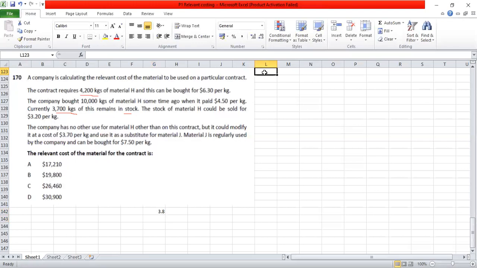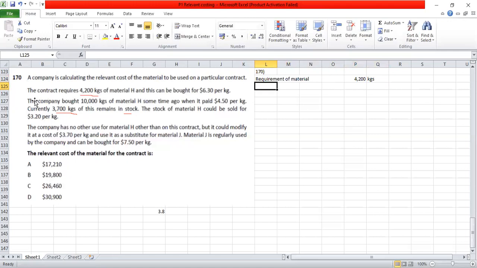What is the complete requirement of material? The total requirement of the material is 4,200 kgs. Four thousand 200 kgs of material is what they require.